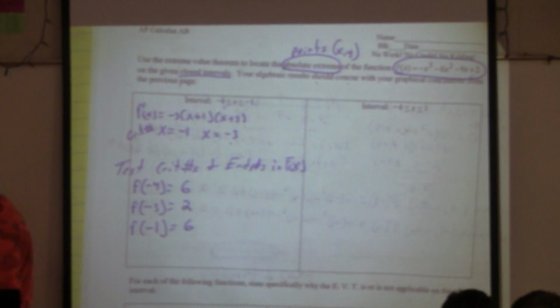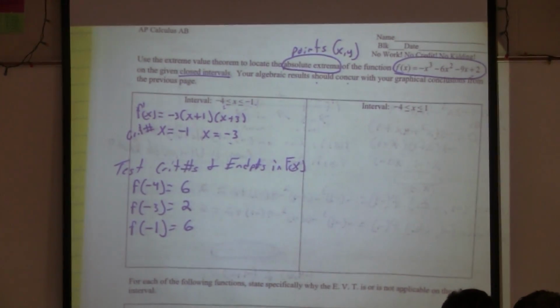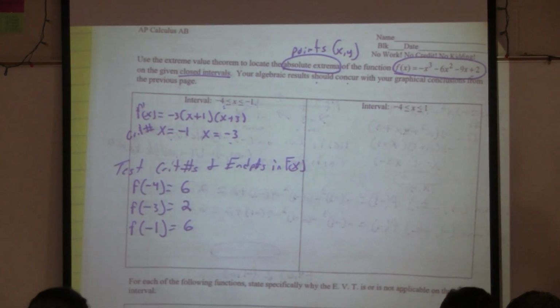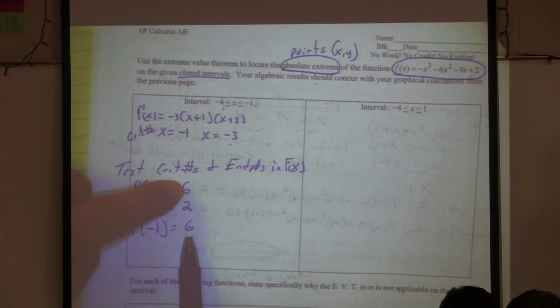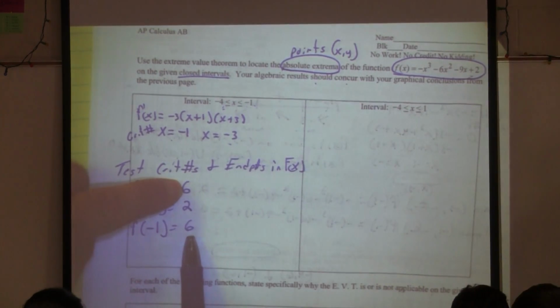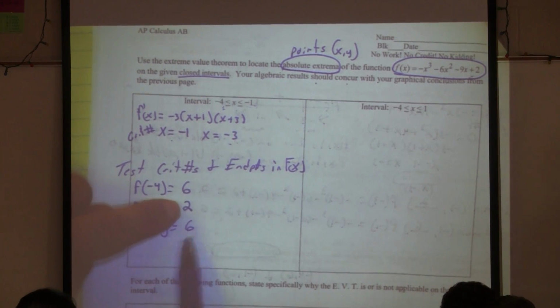So how can I tell by looking at those y values which one's the maximum and which one's the absolute minimum? Which one would be the maximum then? The ones that have 6, right? Because those are the biggest y values. Which one's the minimum? Which one's the smallest one? 2.